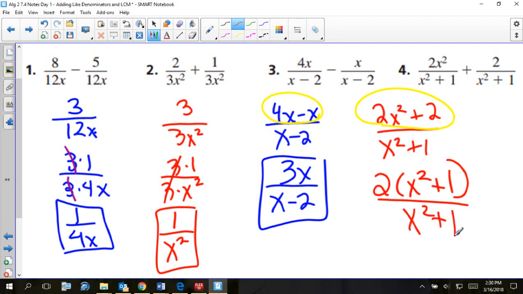Now, can I factor x squared plus 1? If I can, it's going to be like 2 parentheses, x with something. Here's another way of knowing if it's factorable. Can you solve it?